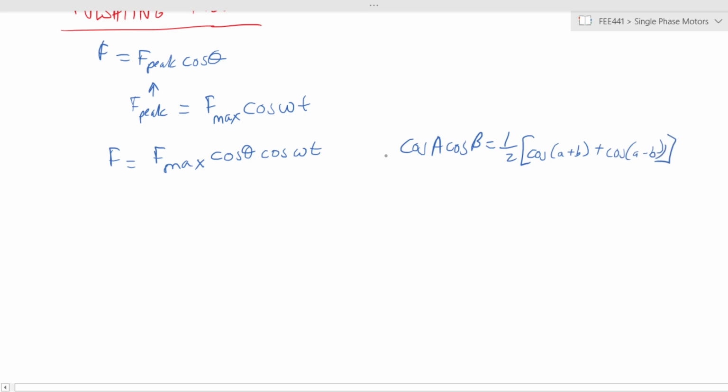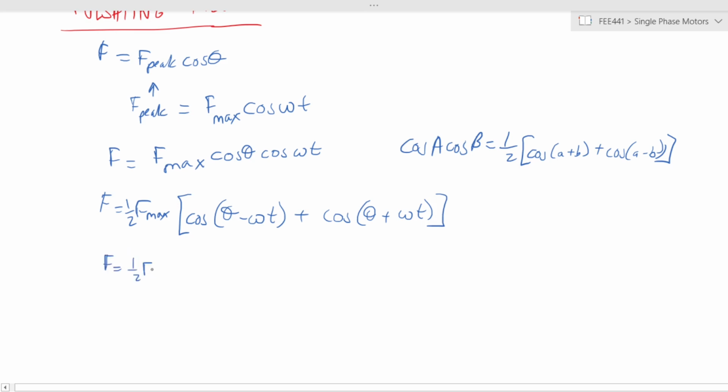Now, if we use this identity, we will end up with F is equals to F max times a half into cosine theta minus omega t plus cosine theta plus omega t. Okay. Expanding this fully, we have two different forces acting on any given point.